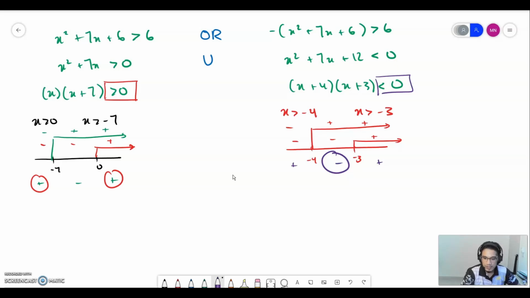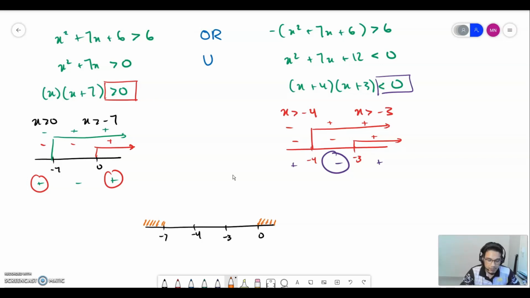Okay, so now we combine the two answers from two separate regions. So we have negative 7, then we have negative 4, we have negative 3, then we have 0. So from the positive part, the region is less than negative 7 and bigger than 0.